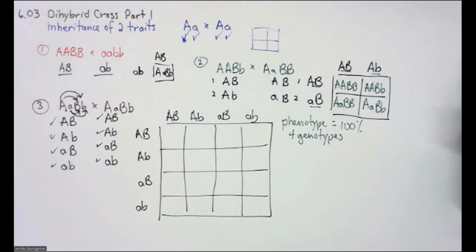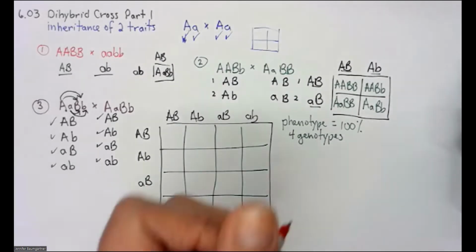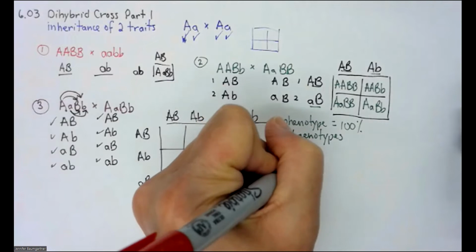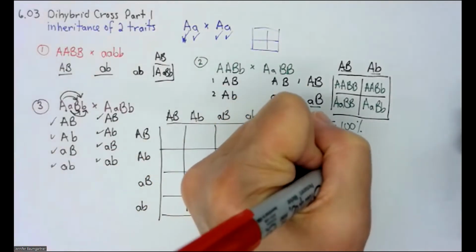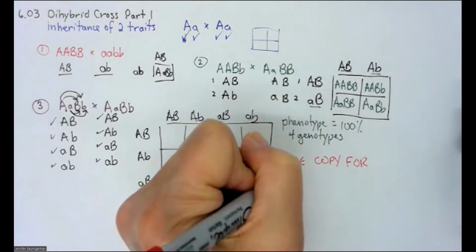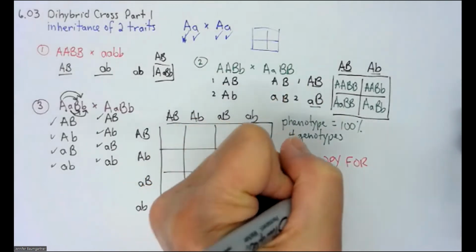What you really do need to learn is how to analyze the possible gametes you can get from parental genotypes. So here is, I'm going to write this in red, one of the big talking points for this video: you have to have one copy for each allele.